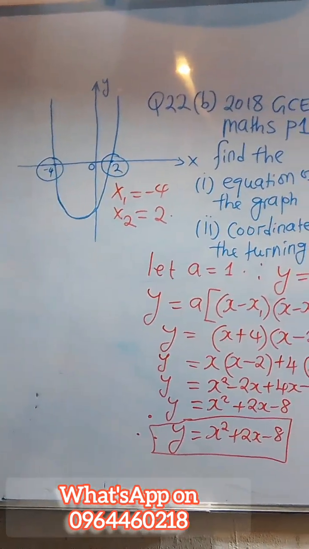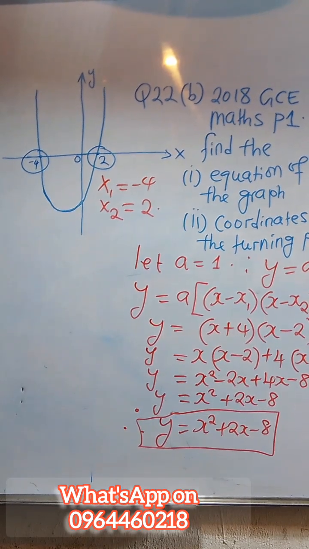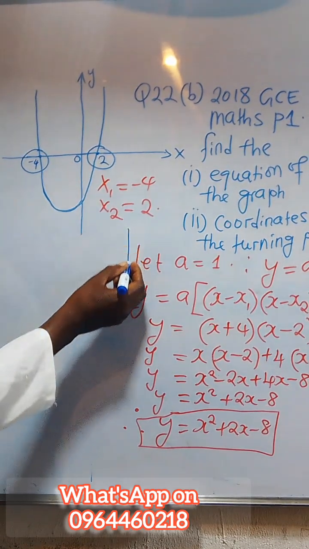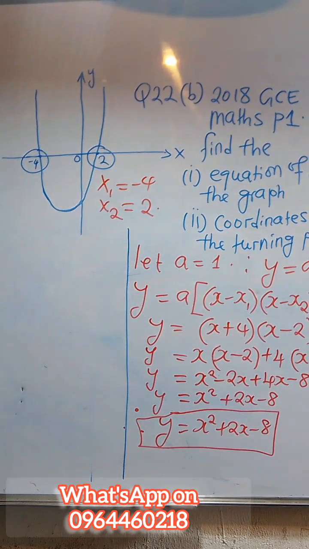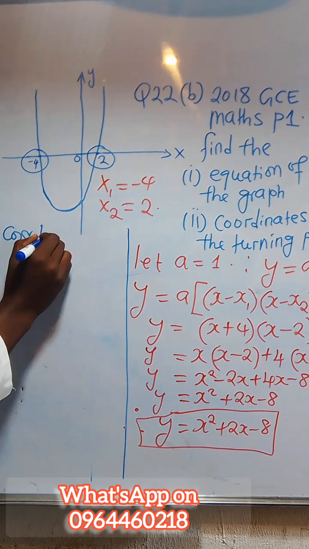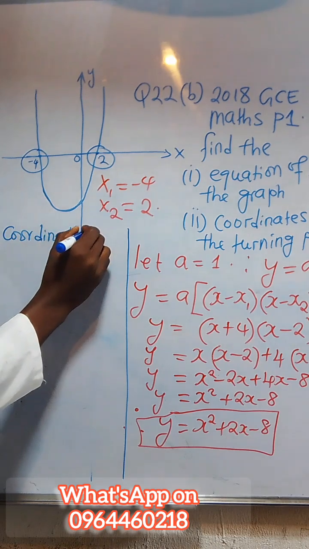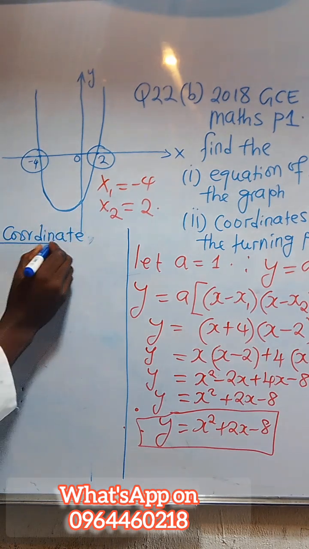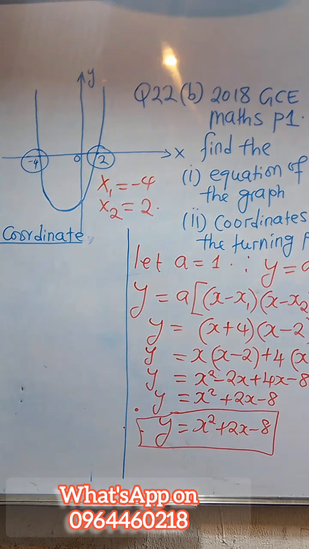To find the coordinates of the turning point, there is a formula. First of all, you have to find the x coordinate.